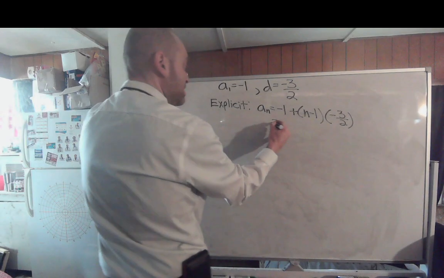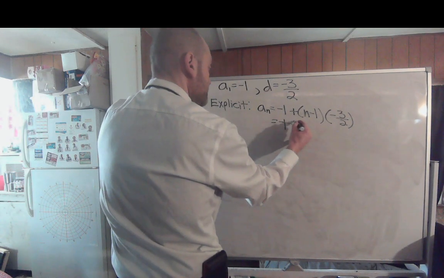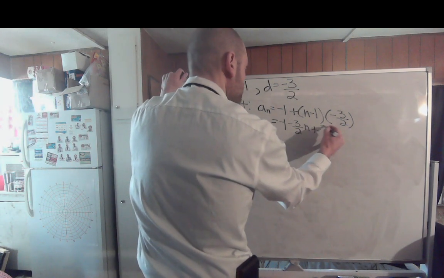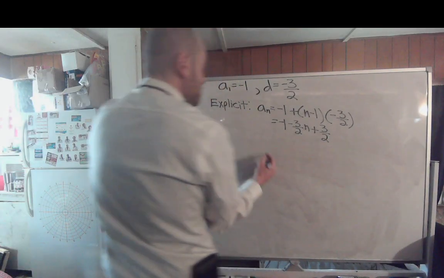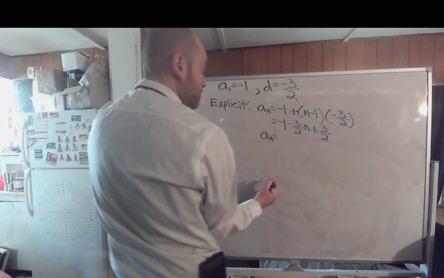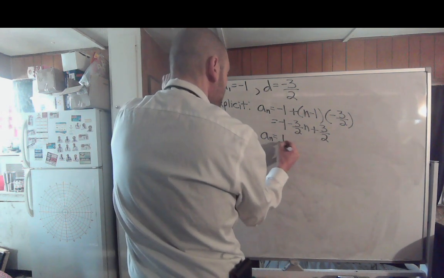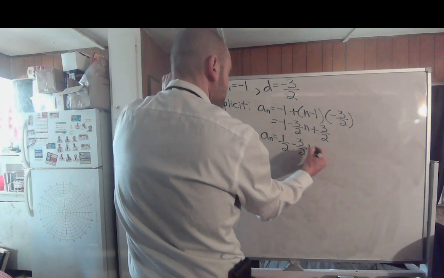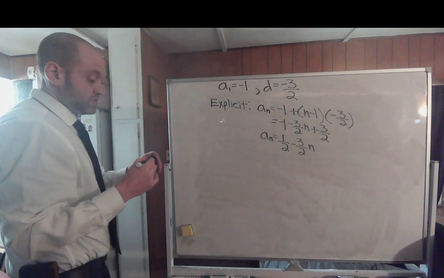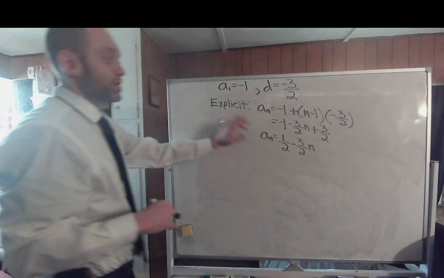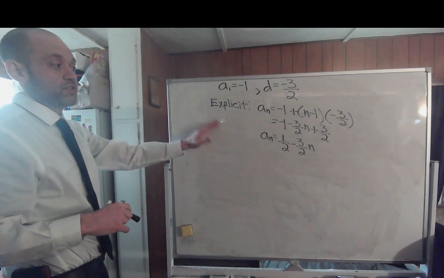So this would become negative 1 minus 3/2 n plus 3/2, which means that a sub n is going to then equal 1/2 minus 3/2 n. So a sub n equals 1/2 minus 3/2 n is your explicit formula for this arithmetic sequence.